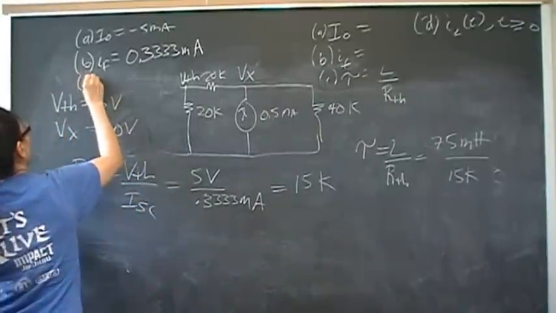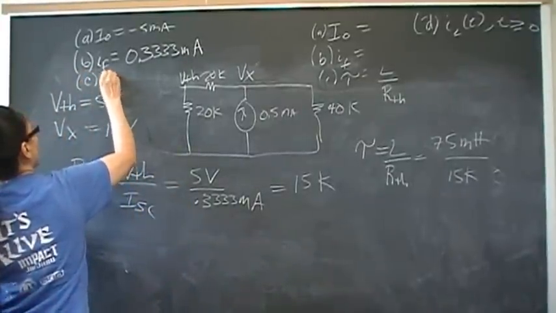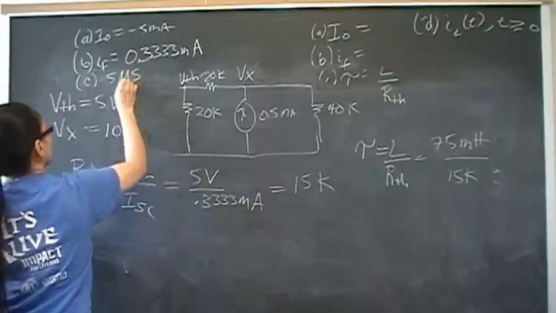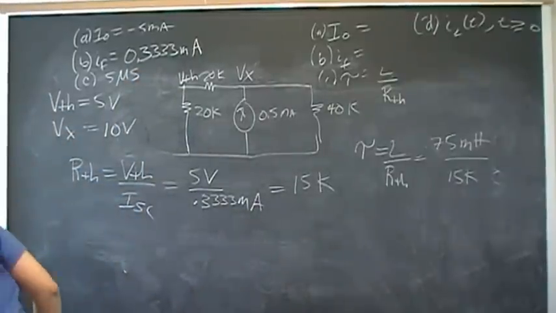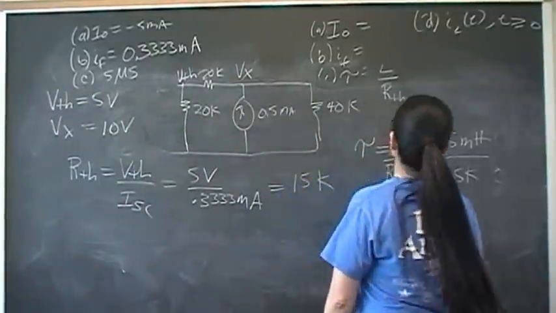So the third part of this is 5 microseconds. That's the value of our time constant.